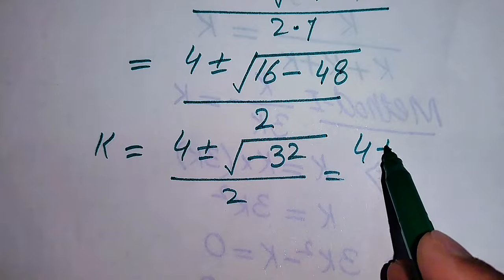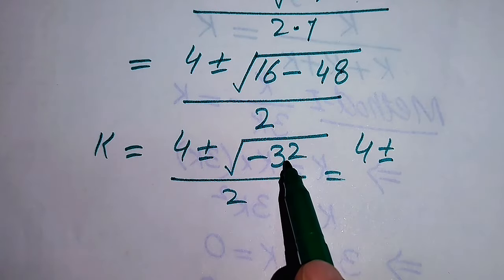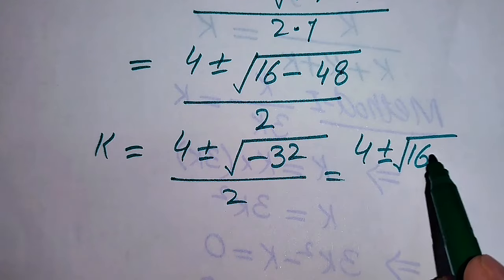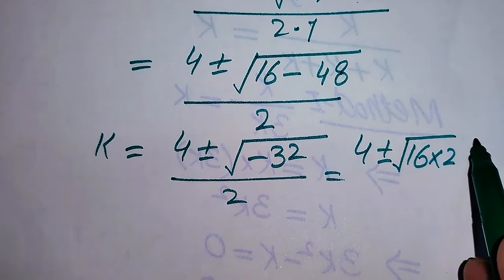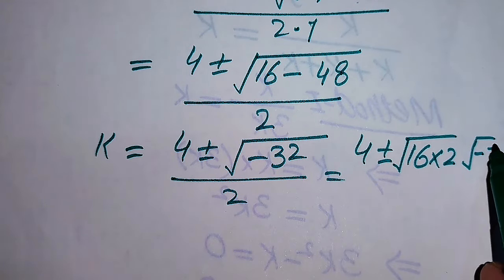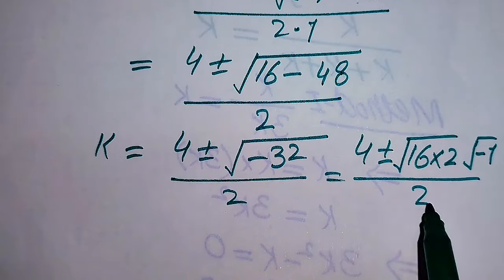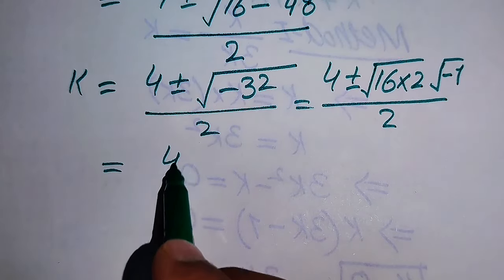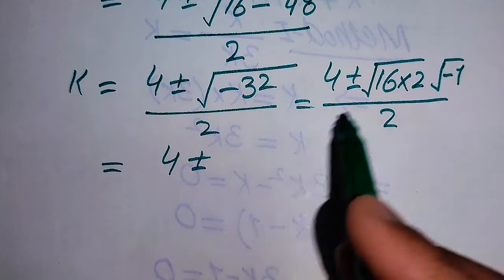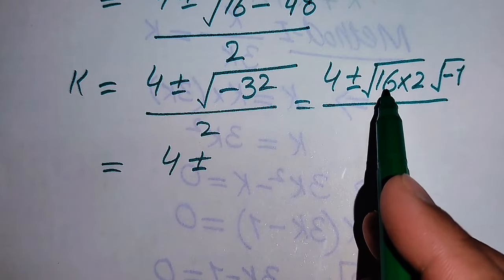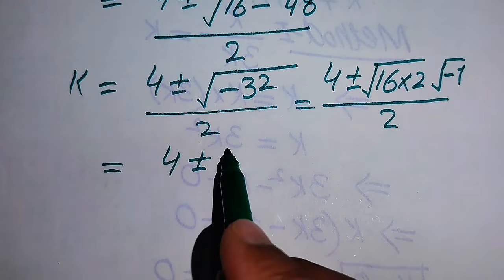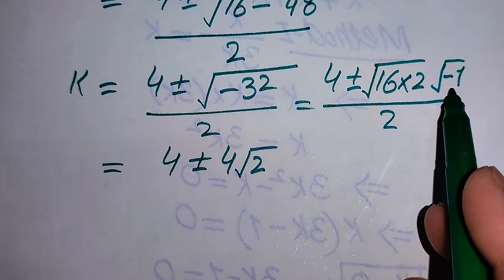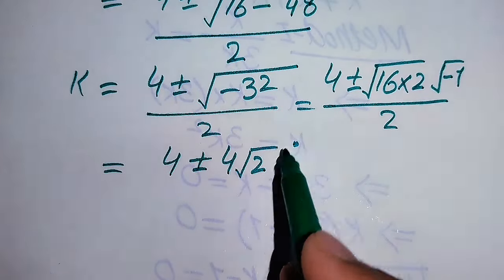It will be written as 4 plus minus, and we write 32 as 16 times 2, into square root of minus 1, divided by 2. Further we need more simplifications: 4 plus minus the square root of 16, which becomes 4, into square root of 2, and here you see that square root of minus 1 becomes iota.